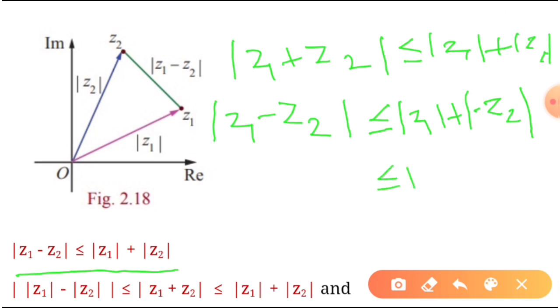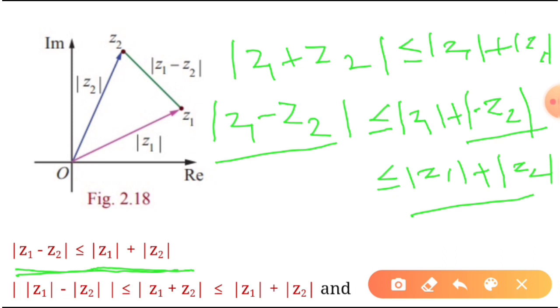Modulus of minus z2 is modulus of plus z2. That's why we write modulus of z1 minus z2 is less or equal to modulus of z1 plus modulus of z2. Now we conclude that modulus of z1 minus z2 is less or equal to modulus of z1 plus modulus of z2.